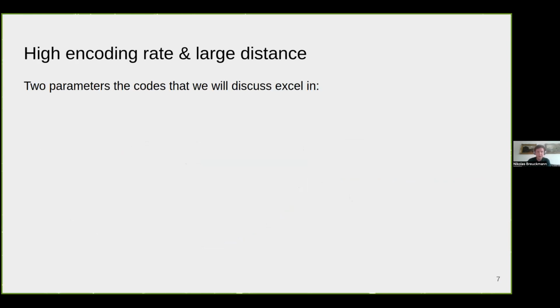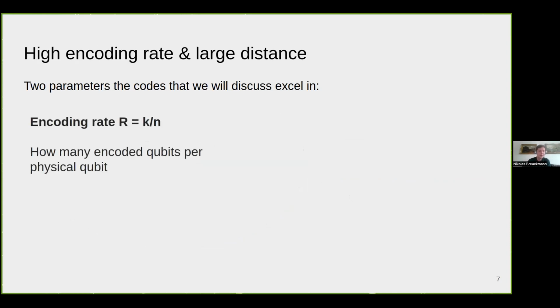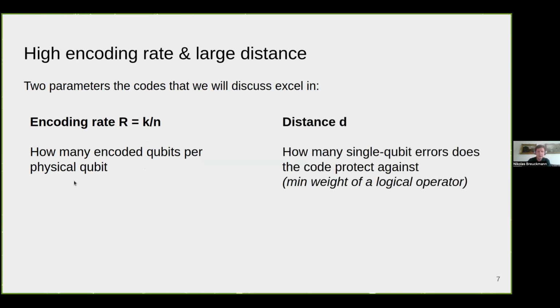Quantum codes come with two parameters, and these parameters will be quite good for these LDPC codes. First of all, there's the encoding rate, meaning how many encoded qubits we have per physical qubit, so how efficient our code is. Then there's the distance d, which tells us how many single qubit errors the code protects against. This is the same thing as the minimum weight of a logical operator.